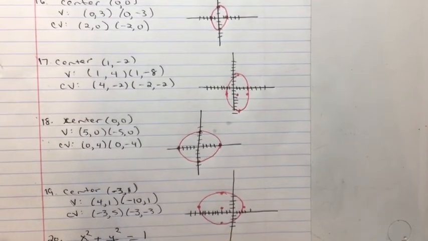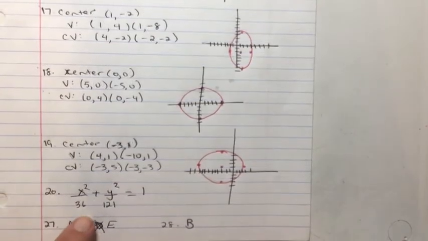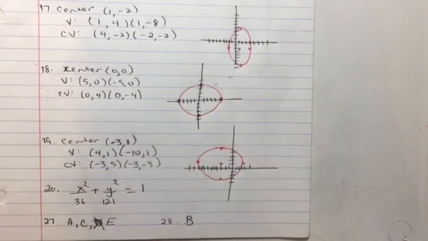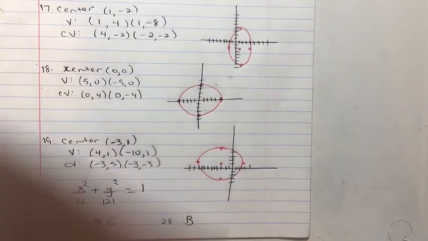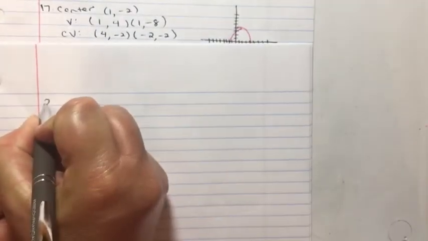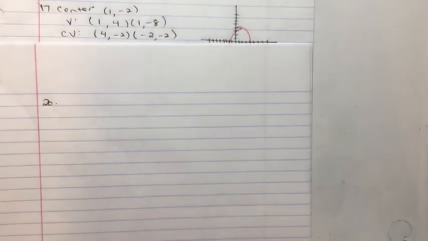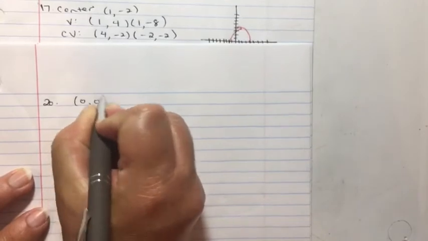On question 20, this time you wanted to come up with the ellipse. So 20 was x squared over 36 plus y squared over 121 equals 1. Let's see how you do 20. So on this one, they want the equation and it's centered at the origin. So that's nice.